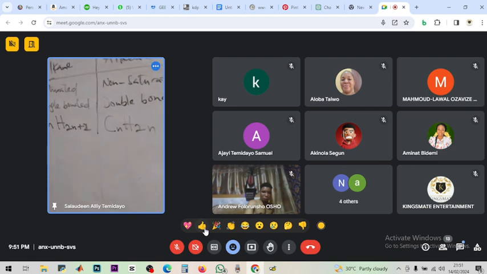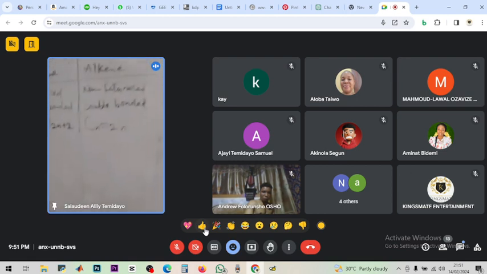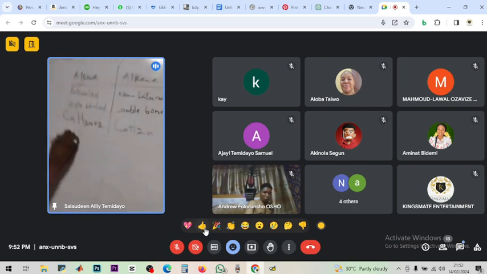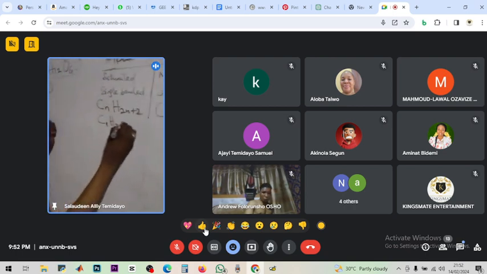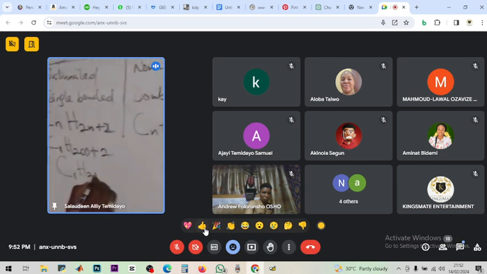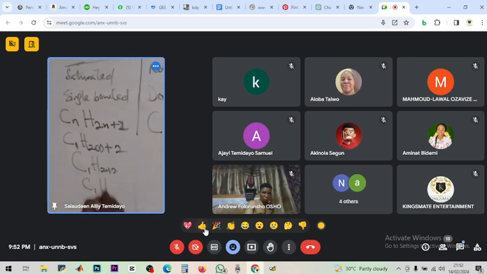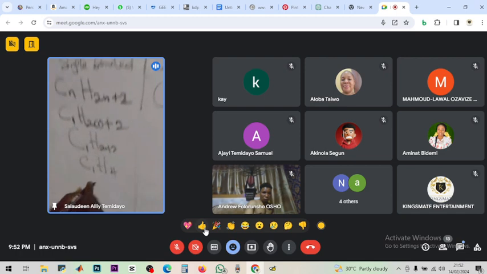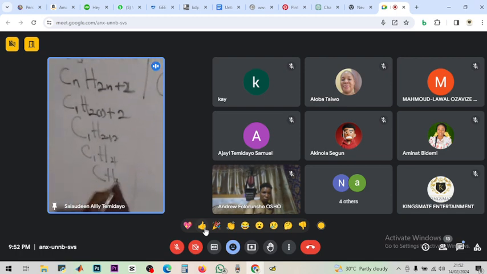CnH2n+2 means the first member of the alkane family will be number 1, so n is equal to 1. That's C1H(2 times 1 plus 2), which is CH4.